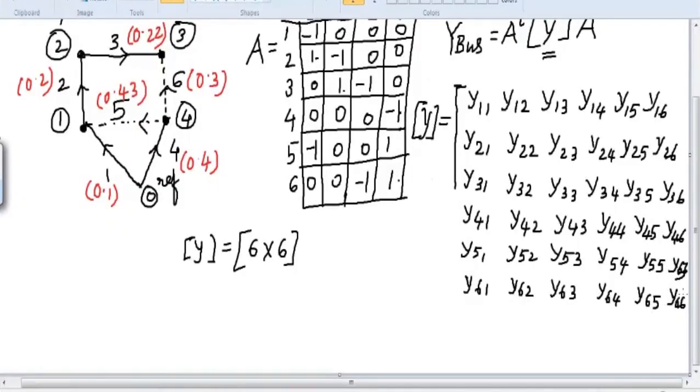So this is the complete structure of the Y matrix. The Y matrix will have this type of shape.